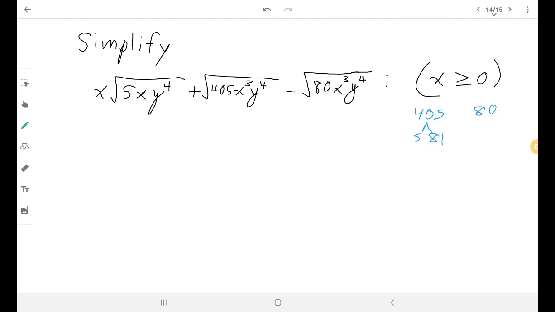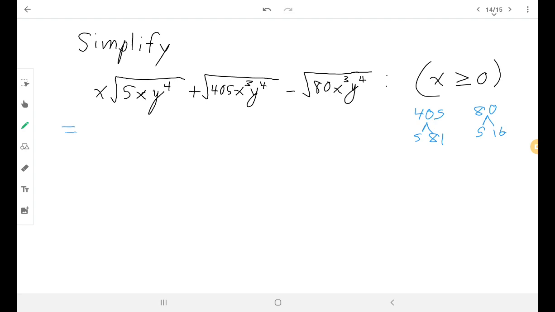And 80 is 5 times 16, and 16 has a nice neat square root, so I'm just going to leave that like that. And these x to the thirds, I'm going to actually write as x squared times x.